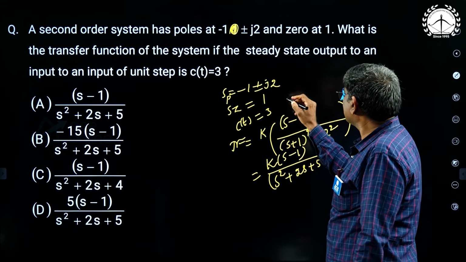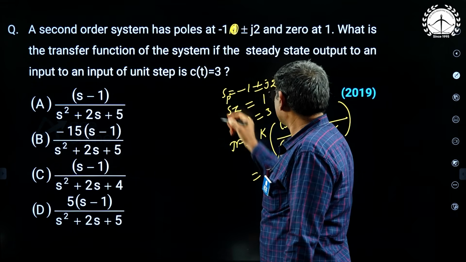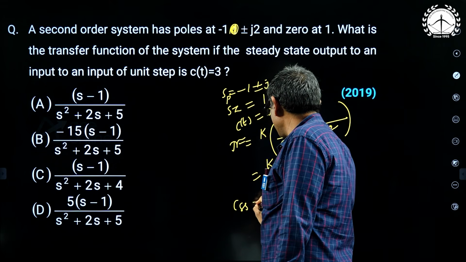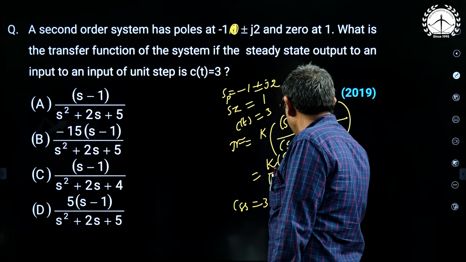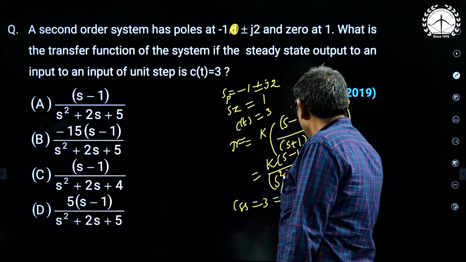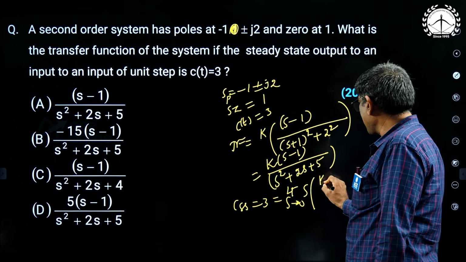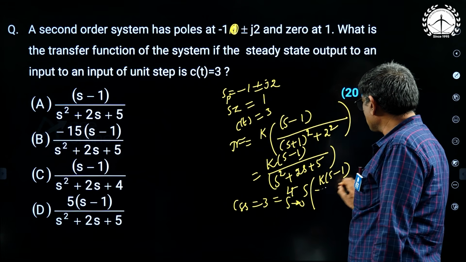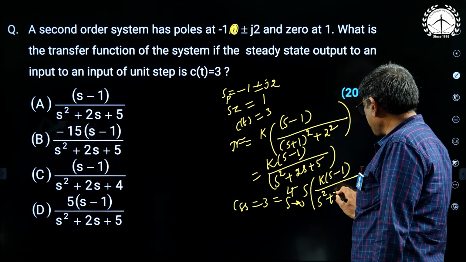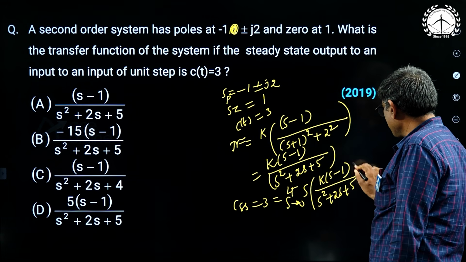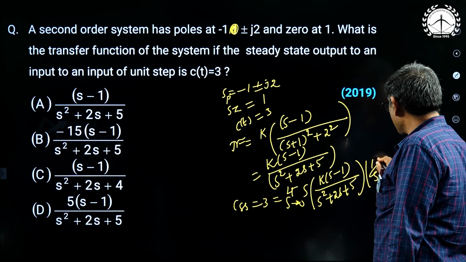So we want the steady state output to be 3, and css equals limit s tends to 0 of s into C of s for step input. So K into s minus 1 by s square plus 2s plus 5 into 1 by s, because of the unit step.